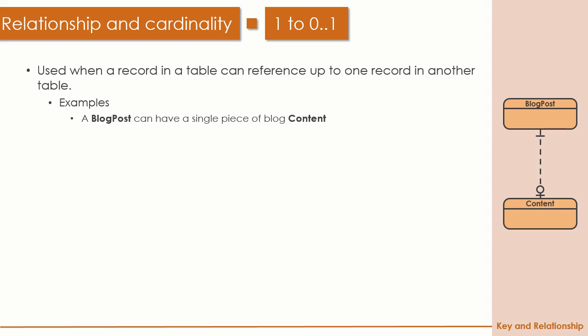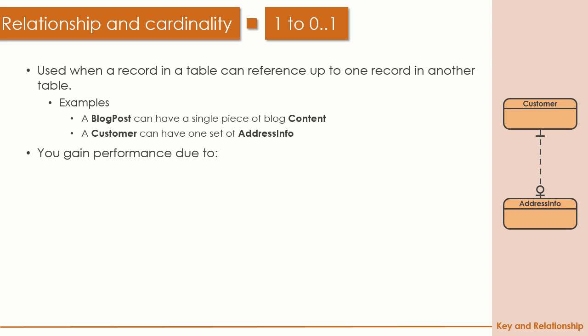Maybe it is so big, the content is storing multi-kilobytes or multi-megabytes of data, so we don't need to get it all at once. The customer can have address info. It could be that he has an address or he has no address, so we can save some space. If you're using one to zero or one, you need to use it carefully. As you can see, you just identify one row in the other table.